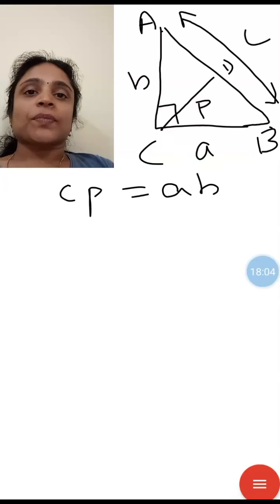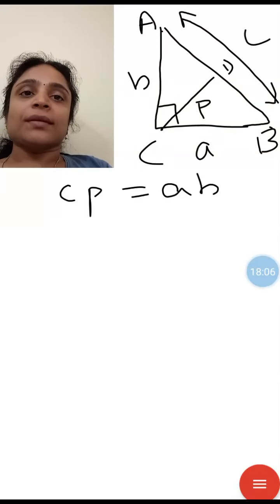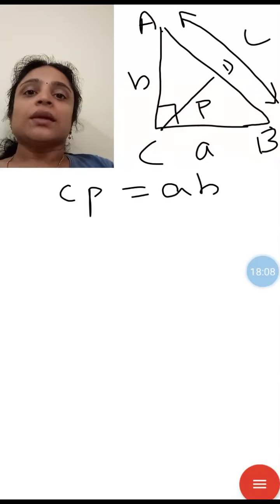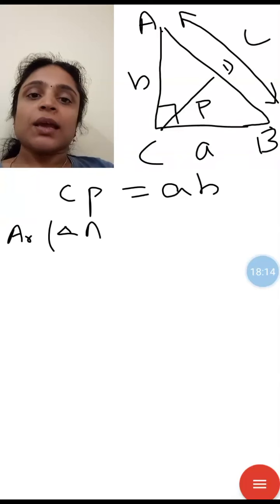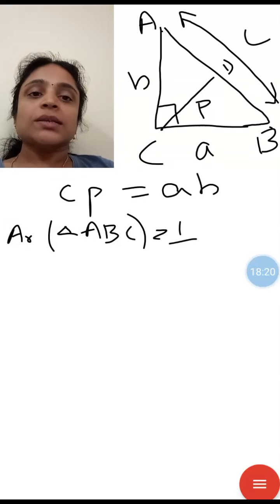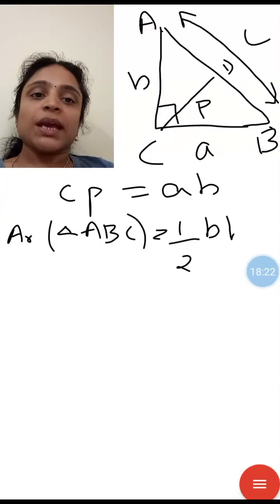Considering this right angle triangle ABC, here we know the area of triangle ABC. What is the area of a right angle triangle? It is half into base into height.